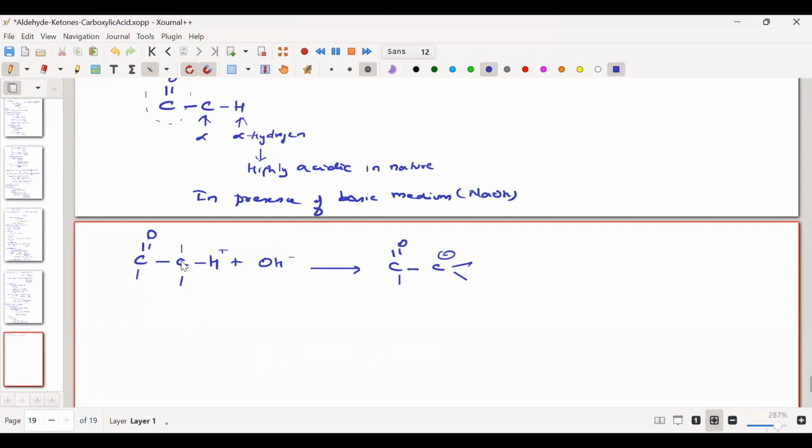The carbon will take these electrons, right? So it will become negative. So this is a carbanion. But this carbanion is very stable. Any reason?